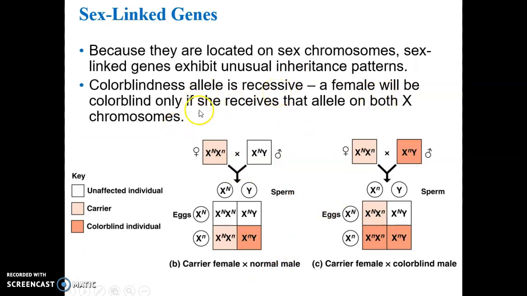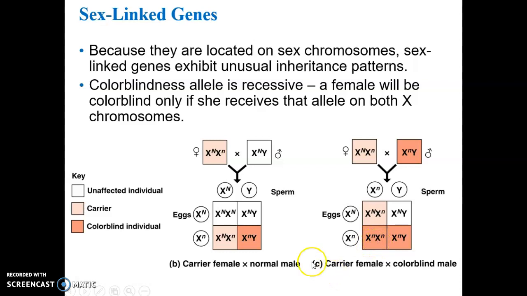A female will be colorblind if she receives the allele on both X chromosomes. So that's not as common. You have to have both colorblind alleles to be a colorblind female, and that's not so common because it means a carrier female has to mate with a colorblind male in order to inherit both colorblind alleles.